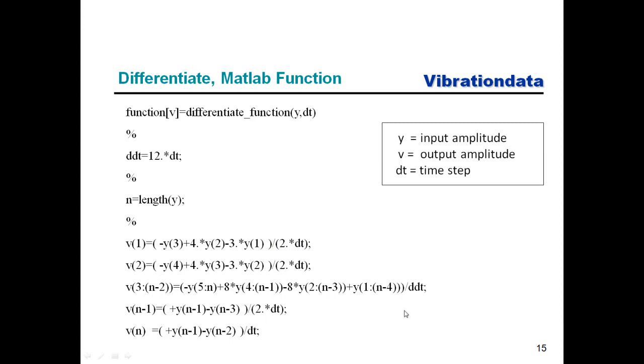So this is how to do a differentiation using a higher order numerical approximation. And this tends to work fairly well for vibration signals. I guess there is a caveat though. When you're going to differentiate a time history, it's really a good idea to have plenty of significant digits.